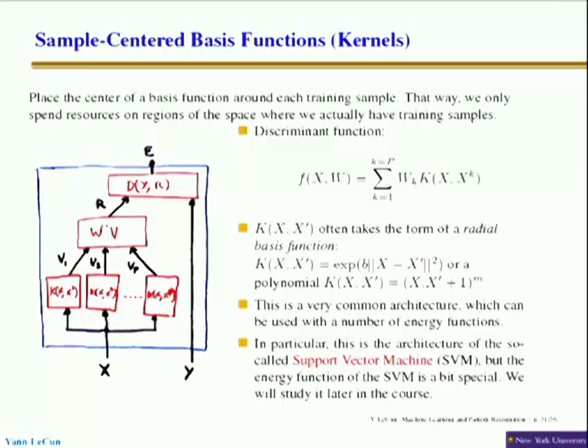So in pretty much all the examples we're going to talk about in this class, X is actually the raw data: pixels, time-frequency representations for speech, some sort of representation for language, things like this. It's as low level as possible, because the whole principle is that we're going to learn the whole thing. But if you want to use kernel machines, you're going to have to use handcrafted feature extractors beforehand because they're not going to work on raw pixels.